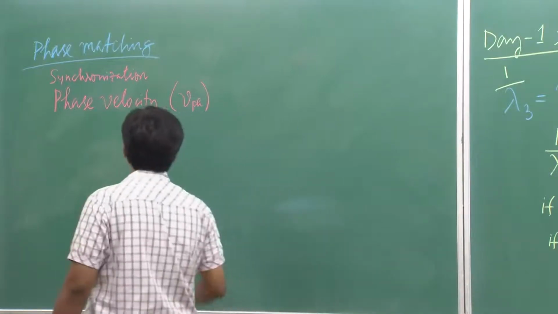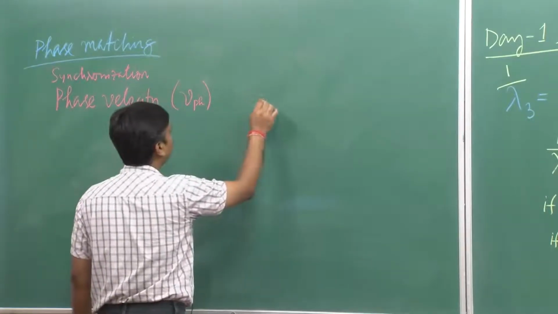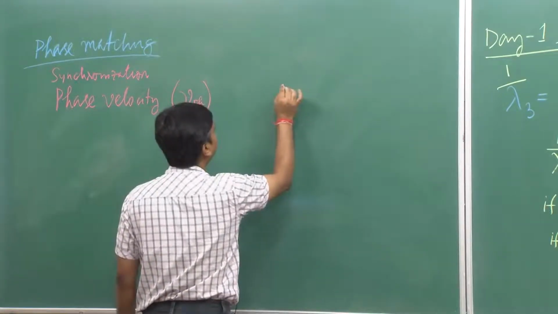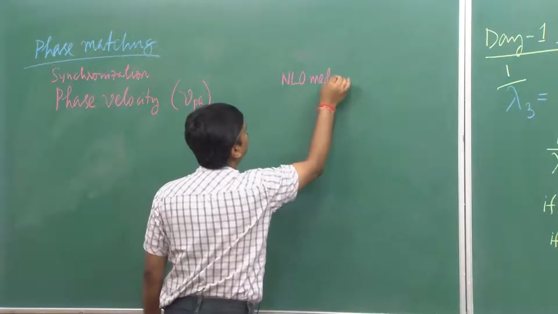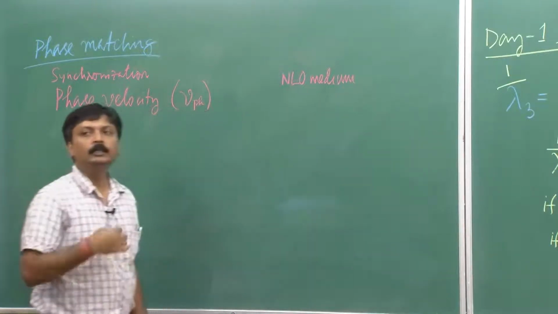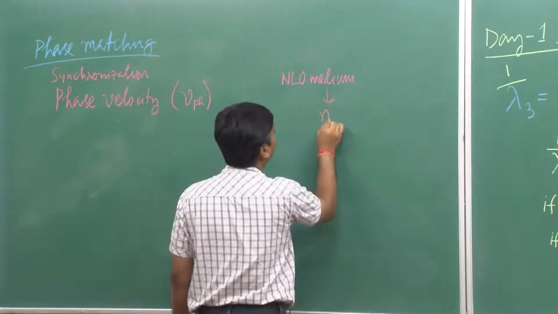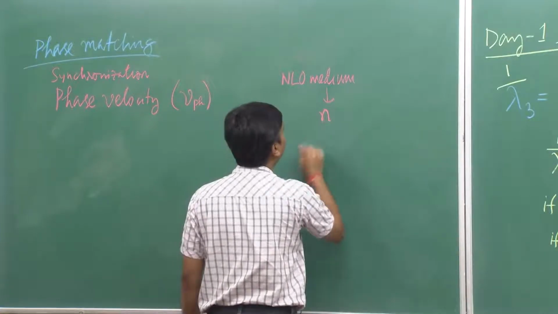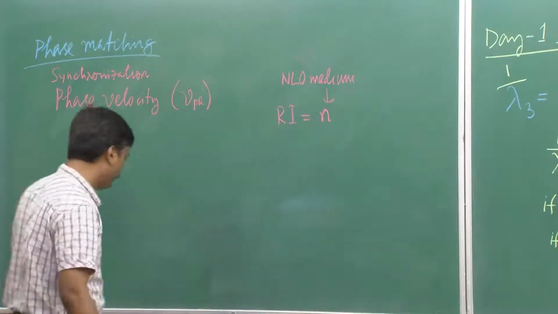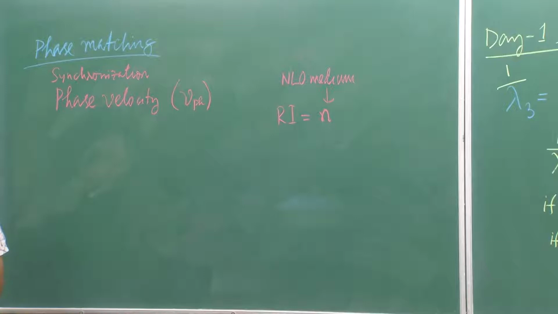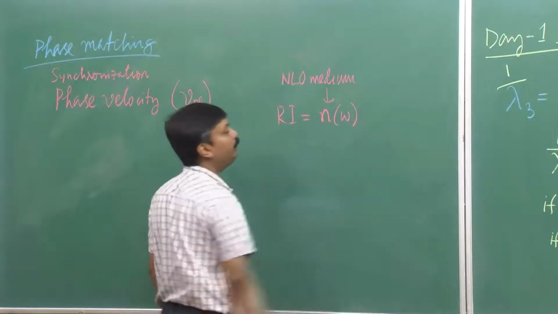And this medium we generally characterize by the refractive index. So, if I take an NLO medium through which the wave is propagating, and we are considering its velocity as the phase velocity, this nonlinear medium is characterized by the refractive index n. And this refractive index in general is frequency dependent.